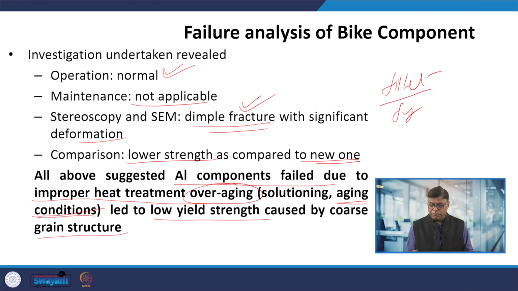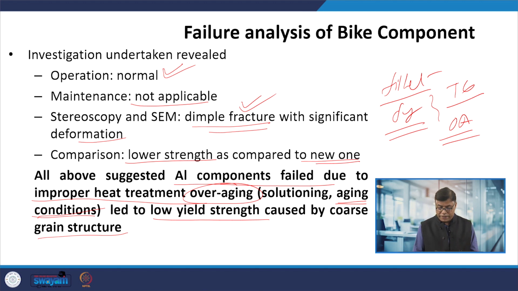Also ensure that proper strength is achieved through proper optimization or establishment of the T6 heat treatment, because this suggested the possibility of overaging, as was apparent from the coarse grain of the alpha aluminum and coarse precipitates that resulted in the lower strength, and which in turn resulted in the fracture of the component. So, that is all in today's presentation.